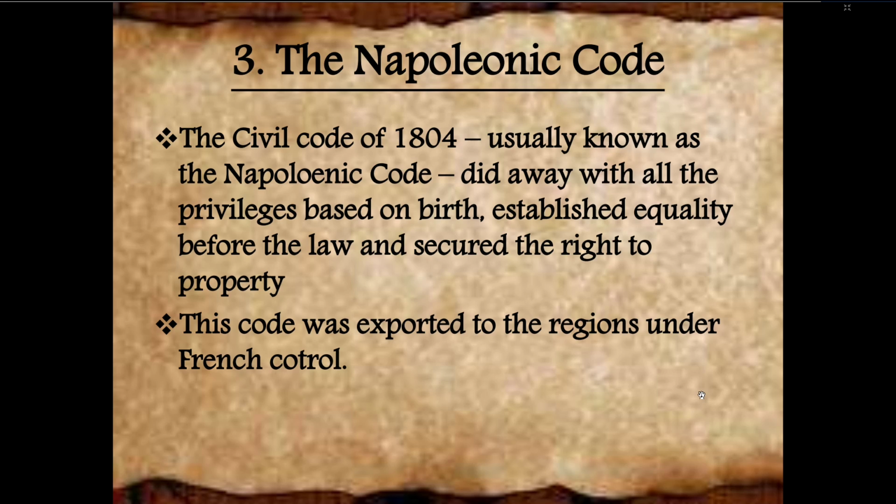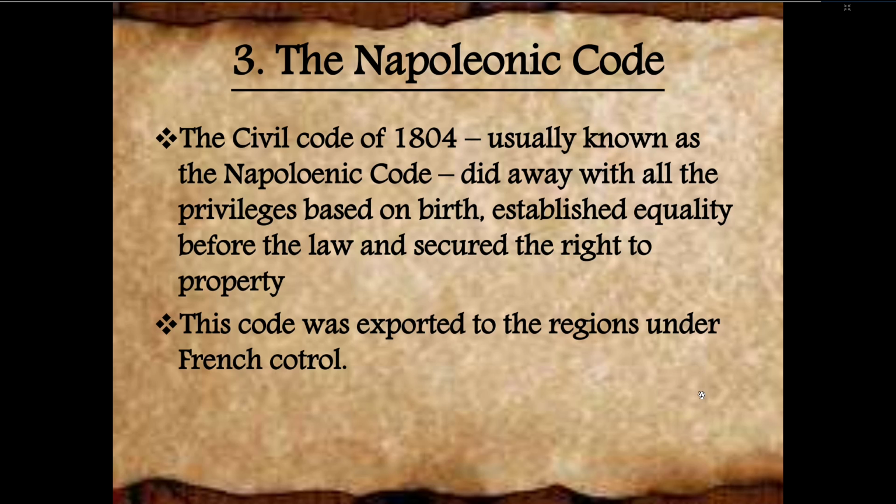Yes, this civil code, this Napoleonic Code, said that there will be no privileges based on birth. आप अपने birth के ऊपर या आपके पास कोई प्रॉपर्टी है जो आपको प्रिविलेज करती है, मीन्स प्रिविलेज मीन्स यू कैन से कि आपको एक्स्ट्रा कुछ लाभ देती है, नेपोलियन ने कहा कि ऐसा सबसे ले लिया जाए और सबको लॉ के सामने इक्वालिटी होनी चाहिए.